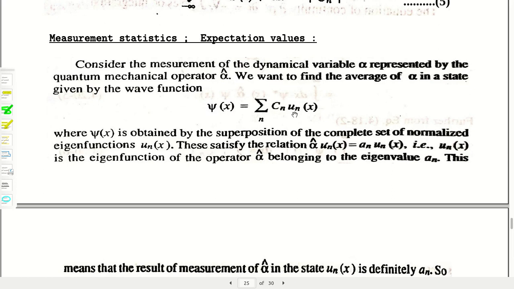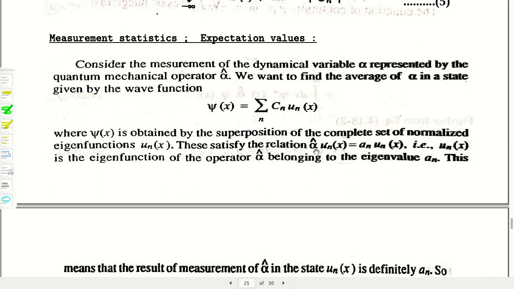And let's start from the very beginning, that is the basis set expansion. Here the wave function psi is expanded in the eigenfunctions of the operator alpha, and alpha op is the operator form of a dynamical variable alpha. Here un are the complete set of normalized wave functions.